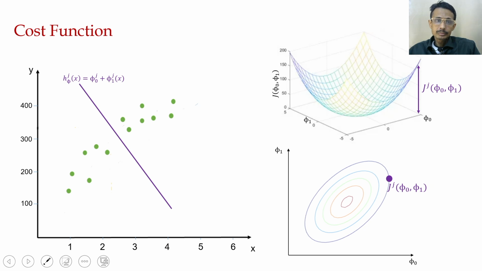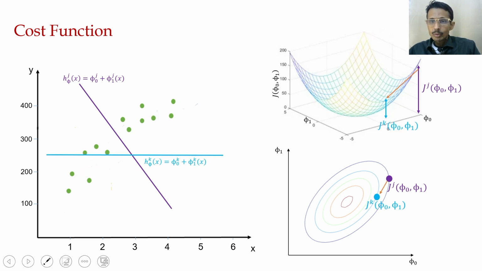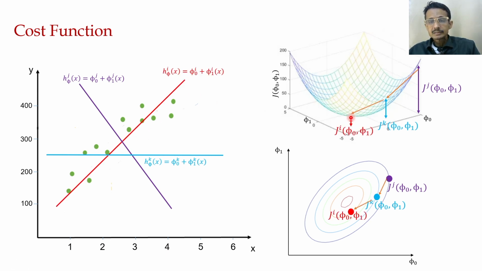How can we do this? We can start anywhere. So it is a line, but it does not give a very good representation of the data points. Now we go from here to here. It is also not very good, but better than the previous line. Again we go, and now we are very close to our global minimum. So you can see the line is very consistent.